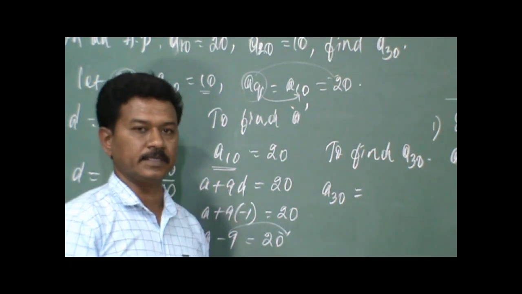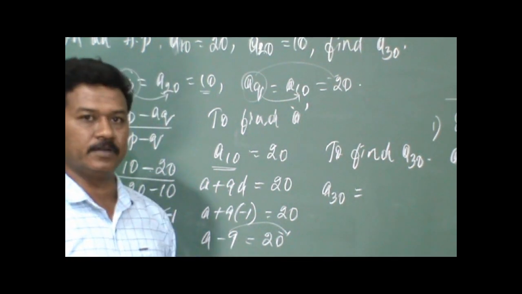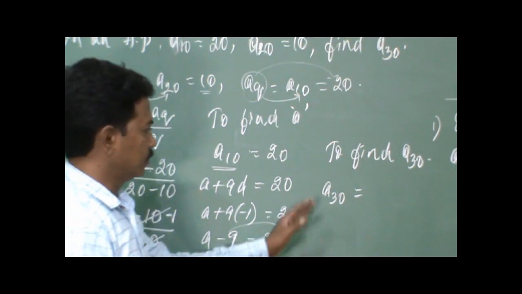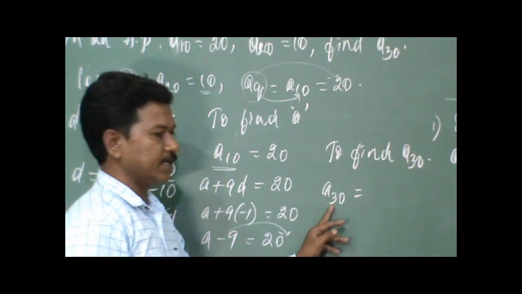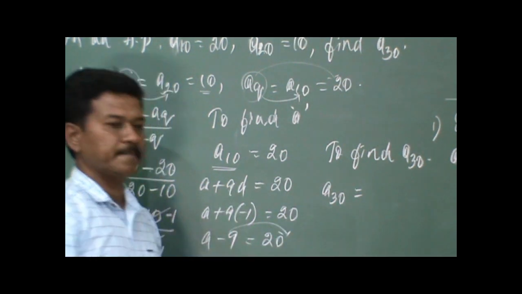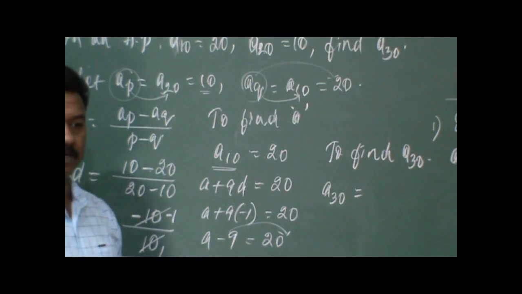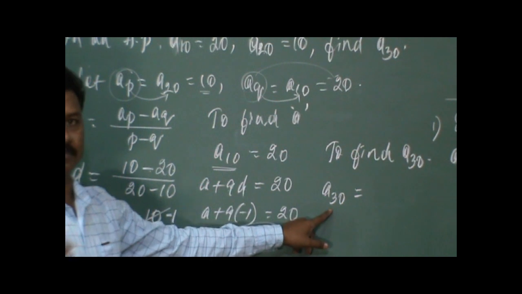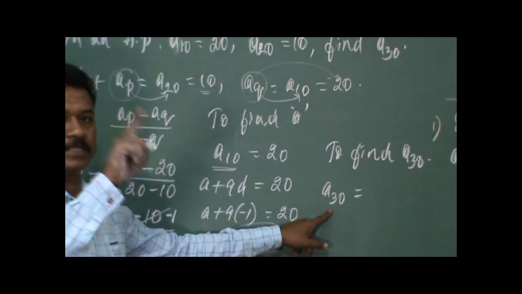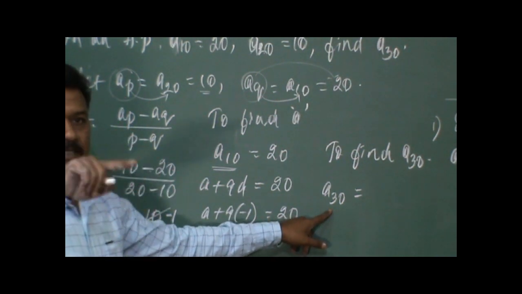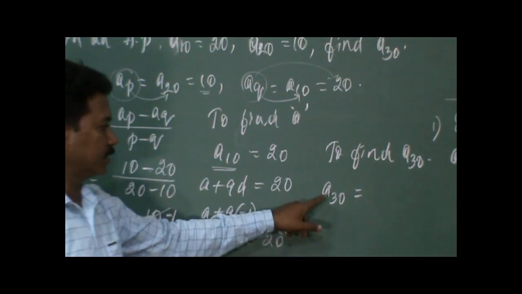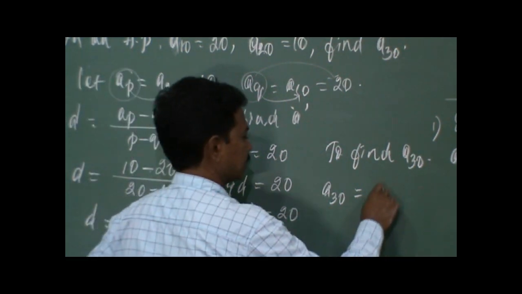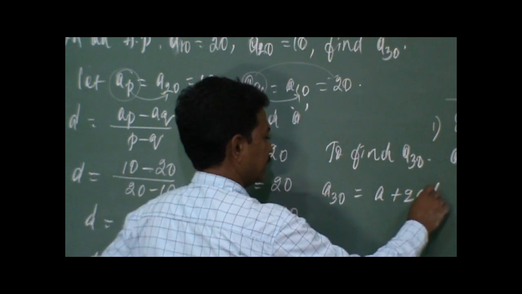We discussed a lot of things in that. Please repeat that video once again if you need it. Based on that, when you add 29 times the common difference to the first term, you get the 30th term. So this can be written as A plus 29D.